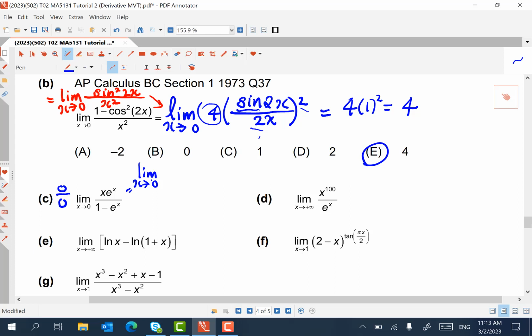Anyway, let's use L'Hopital. The numerator, when you differentiate it, is e^x plus x e^x over minus e^x. So this gives you the limit as x goes towards 0 of 1 plus x over minus 1. So this is going to be negative 1.